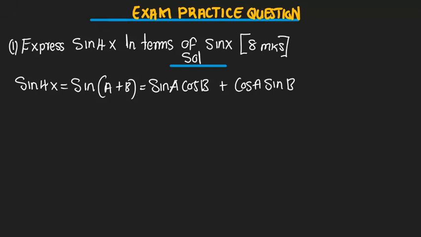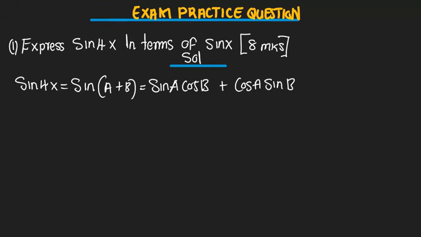Now, because we have sine a cosine b, and this time around cosine a sine b, you will discover that we basically have the same thing.